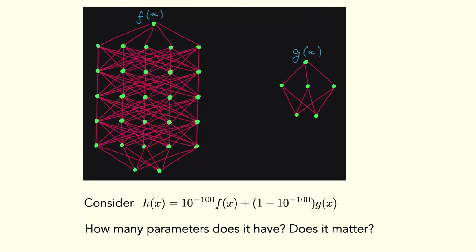We're going to consider a new function H, which is just a combination of a tiny, tiny bit of F, 10 to the negative 100 worth of F, and then almost entirely we're going to use G. Now we're going to ask, how many parameters would it take to fit H to some epsilon degree of approximation?